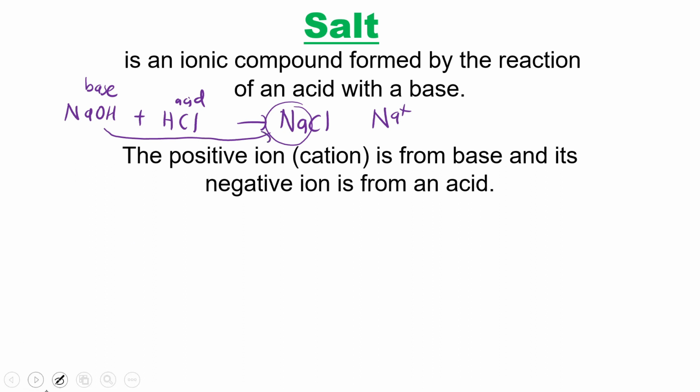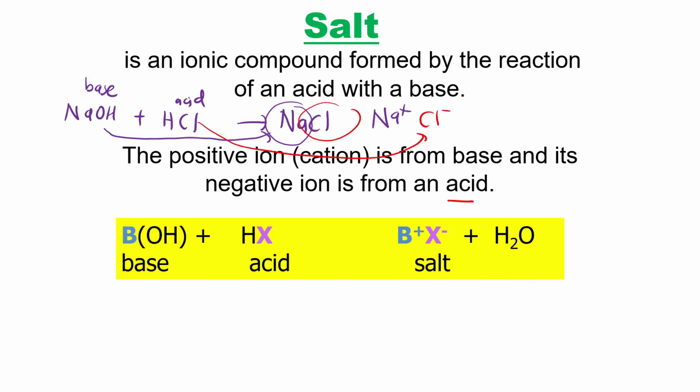And anion, Cl-, this one comes from acid. For example, we have this general equation, reaction between base BOH and acid HX forms salt BX. So B cation comes from base and X anion comes from acid.